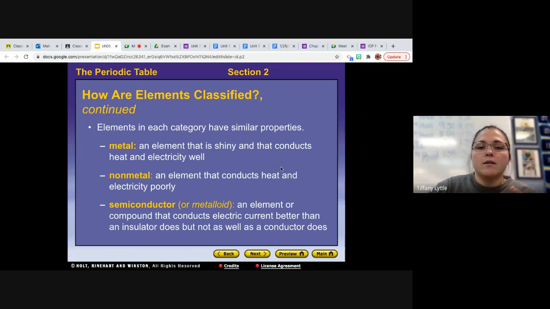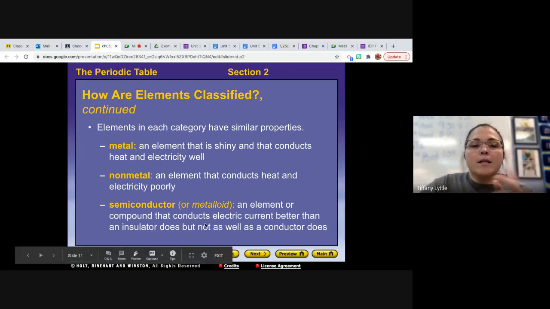Nonmetals are elements that are poor conductors, and generally they're going to be more dull in appearance. Metalloids are elements that conduct electric current better than nonmetals, but not as well as metals. Basically, a metalloid or semiconductor can behave like nonmetals in certain situations or like metals in other situations.